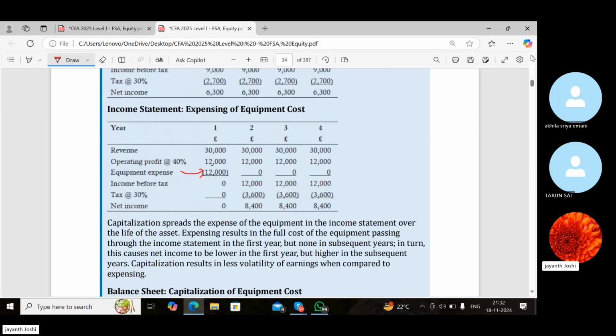You have to go to the balance sheet. Okay. So in case of the income statement, expensing of equipment, your net income is this. See, whenever you transfer this amount to the retained earnings, okay, capitalization spreads the cost, while expensing results in the full cost of equipment passing through the income statement in the first year, but none in the subsequent years.